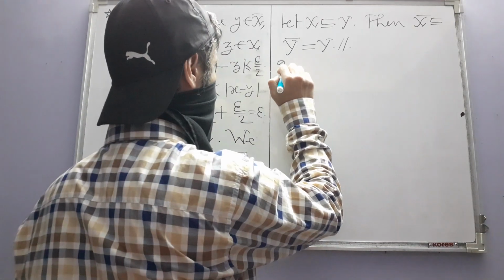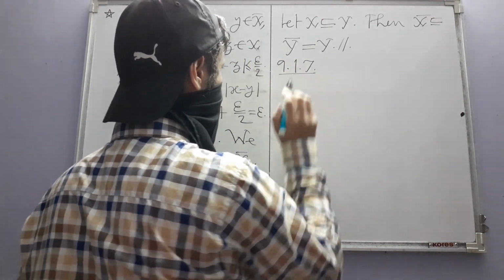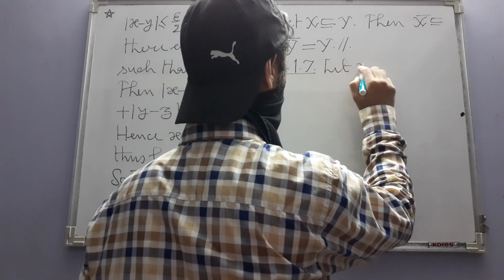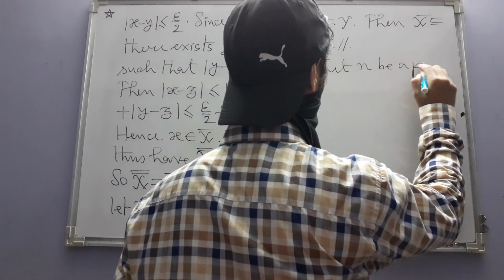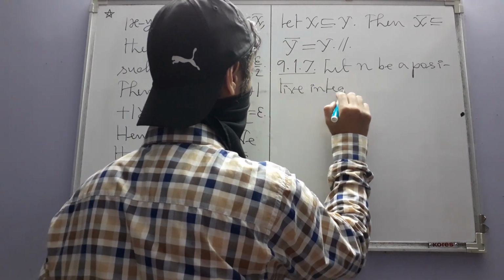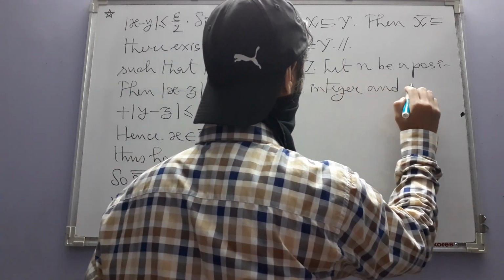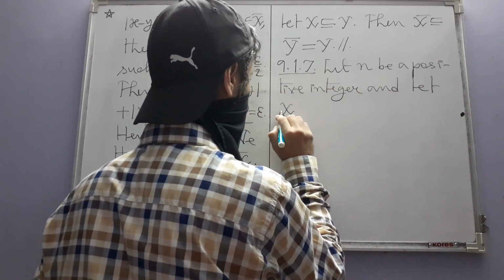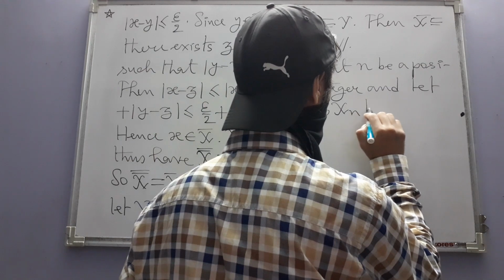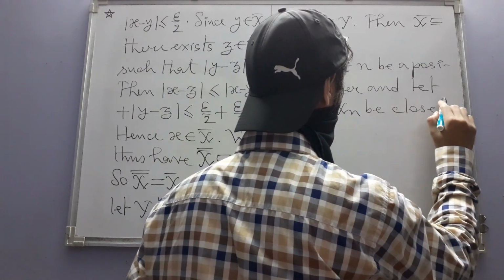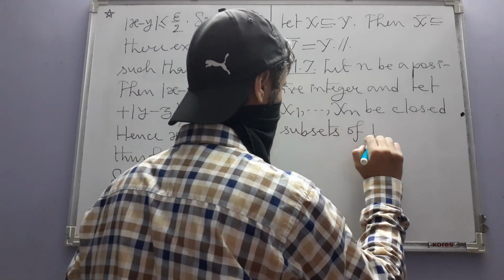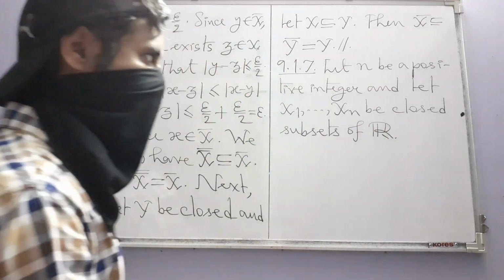Next, 7. Let n be a positive integer and let x1, x2, etc. up to xn be closed subsets of the set of real numbers.